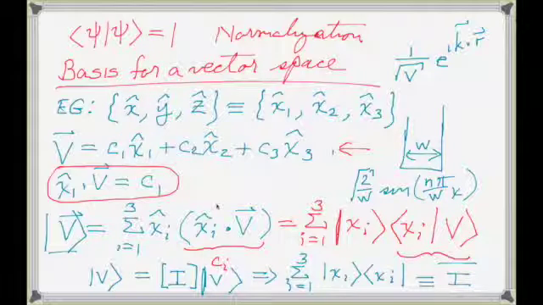So we showed that here we're just working in a 3D vector space, and formally the concepts are identical, and this is what you already know. You can write any vector as just a linear combination of x hat, y hat, and z hat, something you've been doing for a long time.